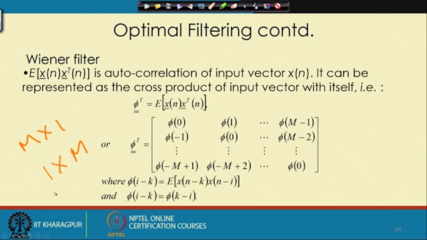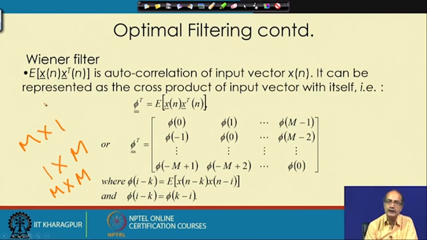So, after multiplication we get an m by m matrix. As we are taking the cross between the same observed signal x, we call it an autocorrelation, and we get an autocorrelation matrix of dimension m by m.